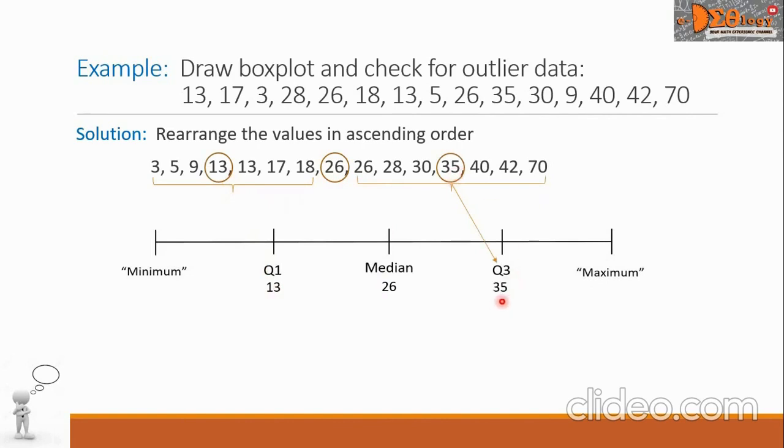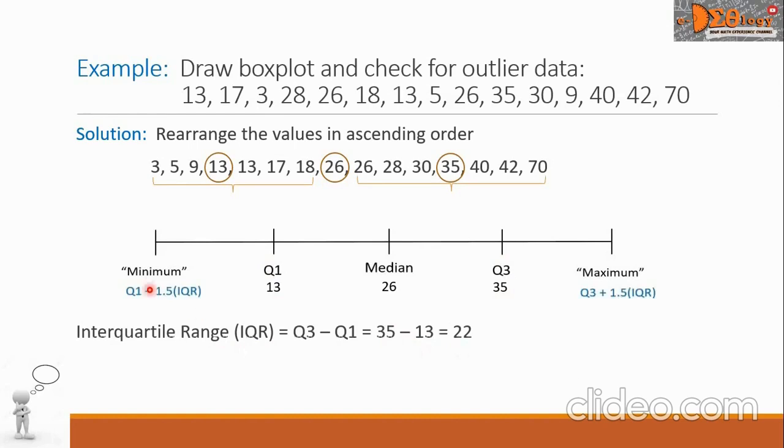So we write that value here. Now, let us compute for the interquartile range, or the IQR. Our formula, third quartile minus first quartile. So we have 35 minus 13, and this is equal to 22.